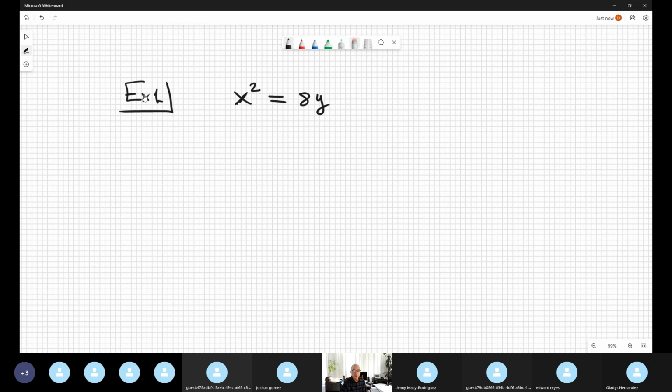How do you know it's a parabola? Well, I know because I can see x squared and y not squared. If I see x squared and y squared, maybe it's an ellipse or a hyperbola. Later I want to explain the hyperbola in detail. But y is not squared, therefore it's a parabola. Identification. What kind is it? We have 4 possibilities: this parabola, this parabola, this parabola, or this parabola. Is it horizontal or vertical?